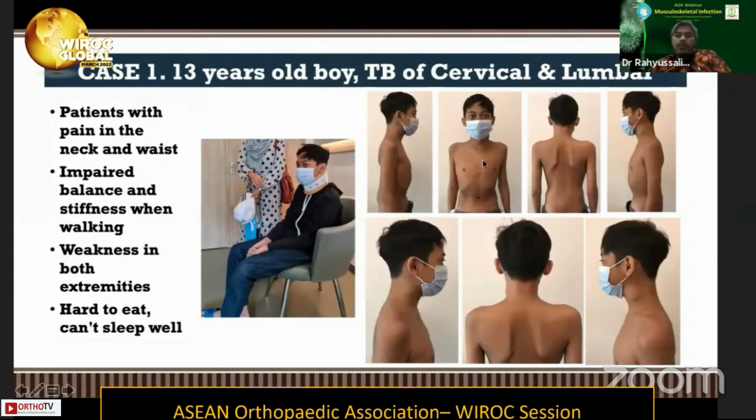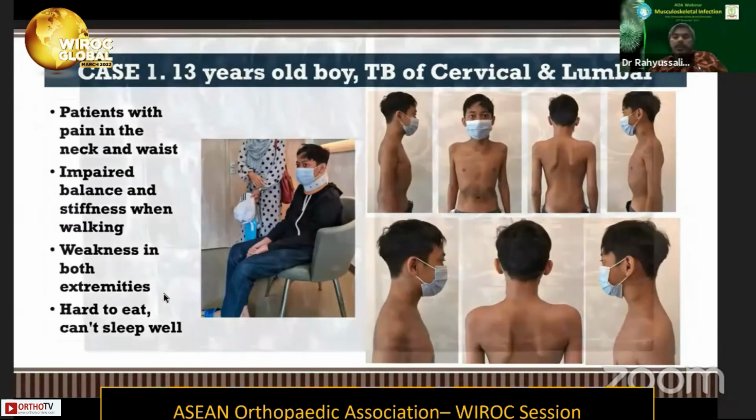I want to show some cases with our total treatment. Case one is a 13-year-old boy with TB of the cervical and lumbar spine. Actually, this patient has, you can see here, the mass. I guess it is, of course, an abscess. Impaired balance and stiffness when walking, weakness in both extremities, and hard to eat and can't sleep well.